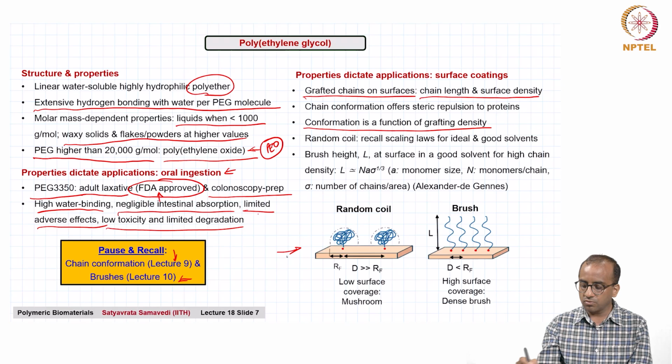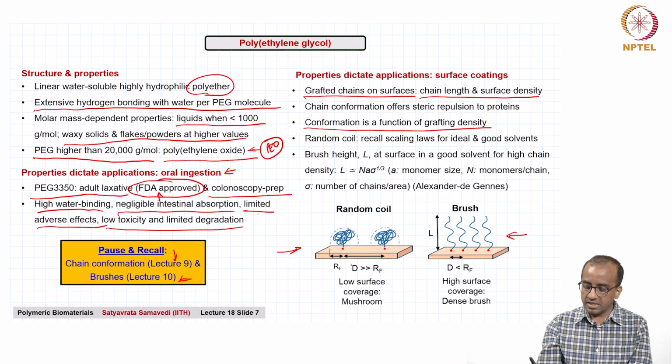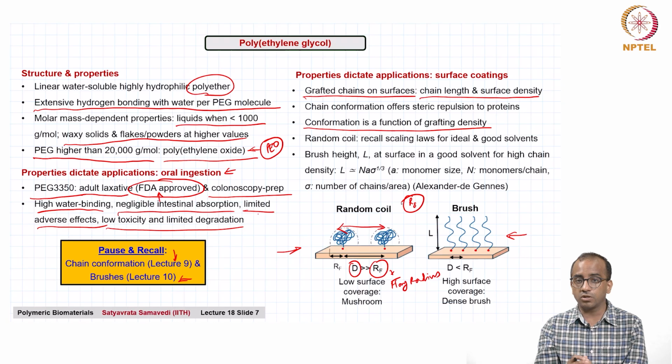Shown here are cartoons of two different grafting densities where the chains take up different conformations, where D is simply the distance between two grafted chains. If the distance between two grafted chains here is above what you would call the Flory radius, R_F. Now, this is not something we have looked at earlier, but what we have looked at is R_G, which is one way to think about the size of a macromolecule in solution.